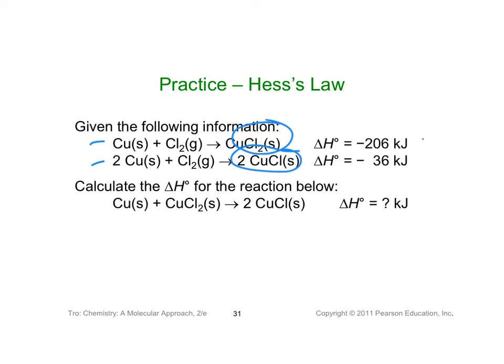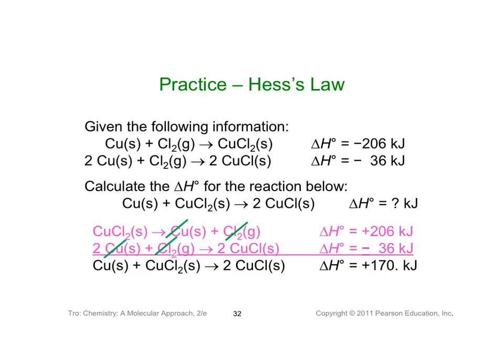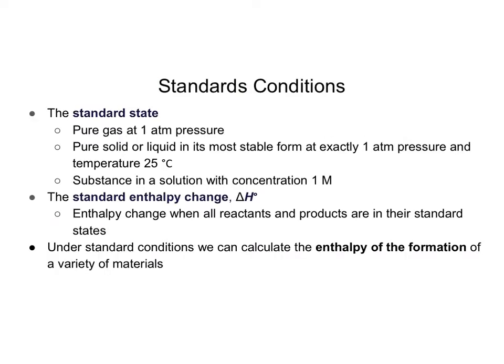So we're going to reverse this reaction, right? And then we're going to see how things add up. Okay, so reversing and crossing everything out, we get to the actual reaction where it's a delta H of plus 170.